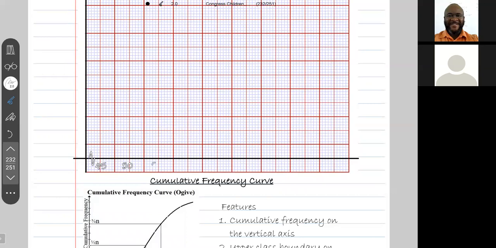Then 55, 60, 65, 70, 75, 80, 85. So down here is the class midpoint.